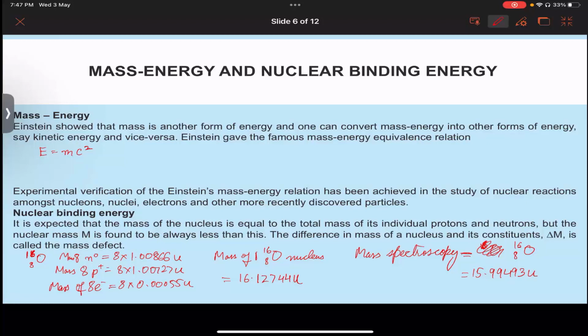Where the mass of the nucleus is actually less than the total mass.